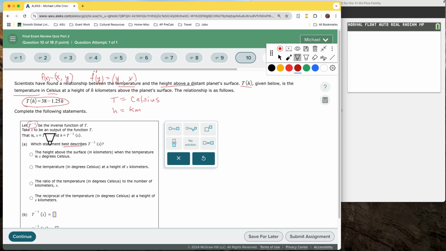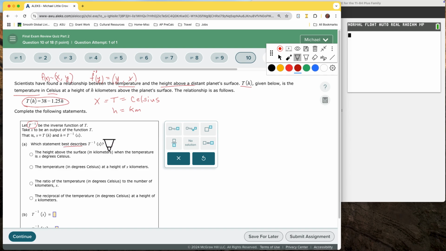So when we look at this, what is X? X is actually temperature. They gave us capital T, but now they're saying, let X be capital T. Another extra step in here, but now whenever we see X, we know that that's Celsius. H is a kilometer, the height above the surface in kilometers.